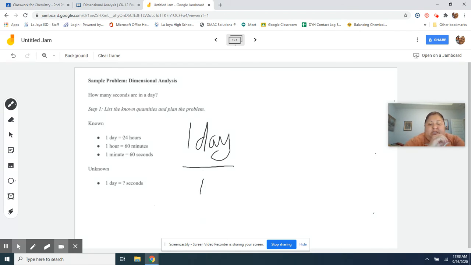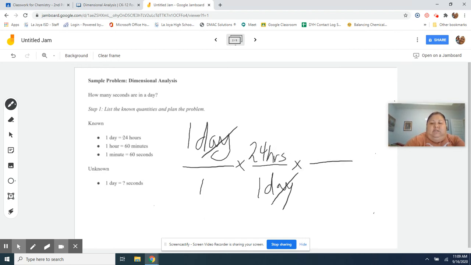Remember, the information that they give you in the problem is always over 1, and it helps you understand what you need to do on the next line. We're going to start with bullet number 1 because bullet number 1 has days. Now I need to decide where am I going to put those days, on top or on bottom? Well, I'm going to put 1 day on bottom, that way it can cancel out. And I know 1 day is equal to 24 hours.